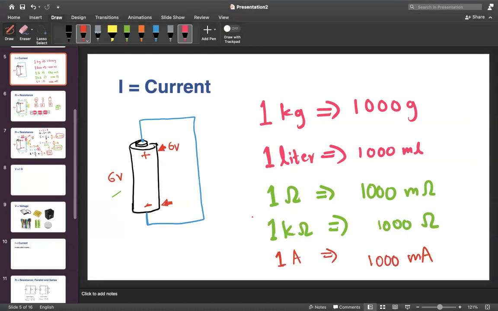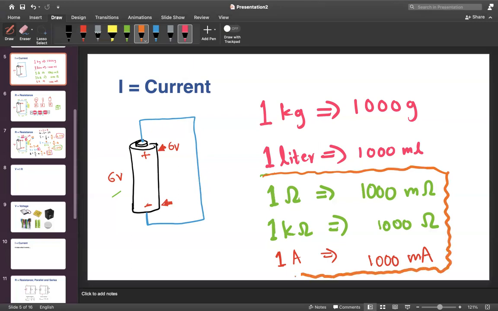You will only be needing this set of parameters: ohms, milliohms, kilo ohms, and then amps and milliamps. You can divide this further and further, but that is not very relevant for us at the moment.